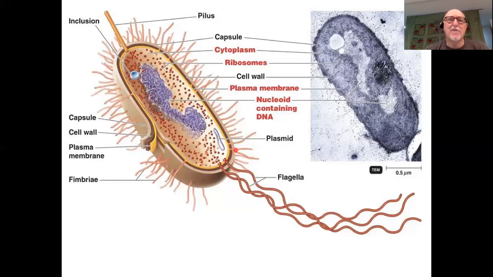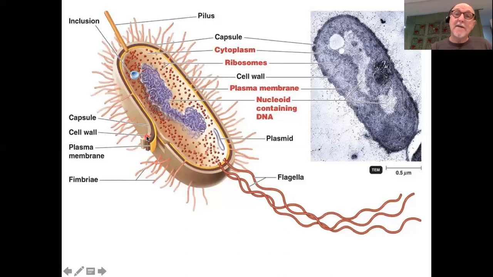It definitely does provide some protection to the cell. It provides some shaping to the cell, but its main responsibility actually is for osmotic control. And I'll explain that in a minute. So the main responsibility of the cell wall is for osmotic control. And there's the cell wall.